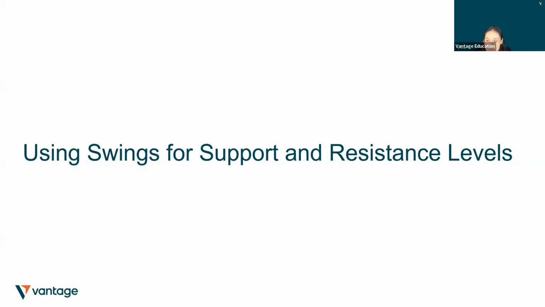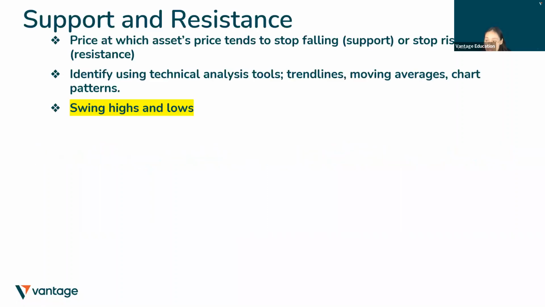So using swings for support and resistance levels. We're looking out for support and resistance levels. One very important factor that we can use is looking out for swing highs and swing lows. So support and resistance levels in trading refer to prices at which an asset's price tends to stop falling, which would be our support level, or stop rising, which would be our resistance.